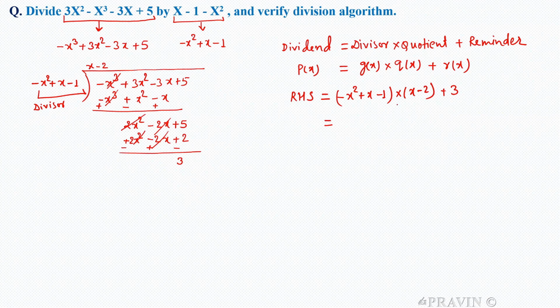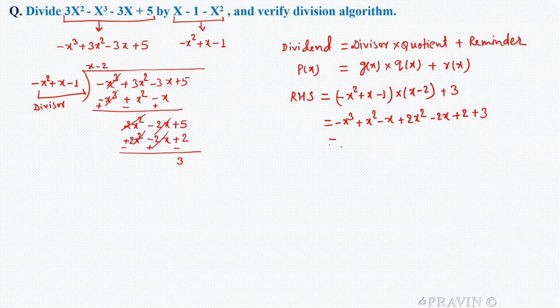Now just solve it. While you are going to multiply it, you will get minus x cube plus x square minus x plus 2x square minus 2x plus 2, and this is the 3 written here.